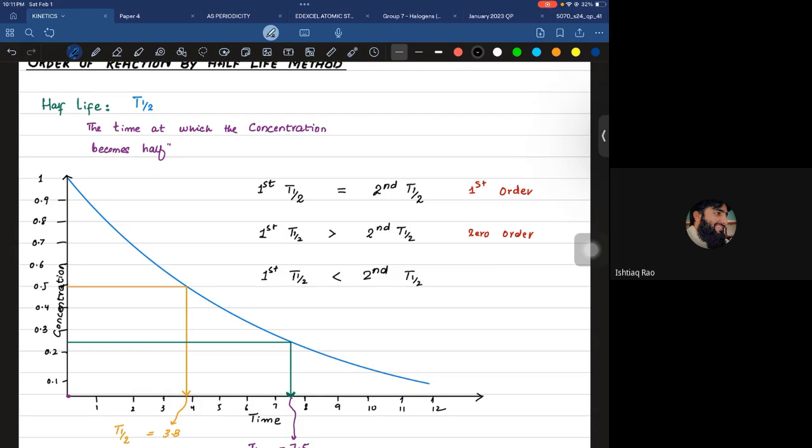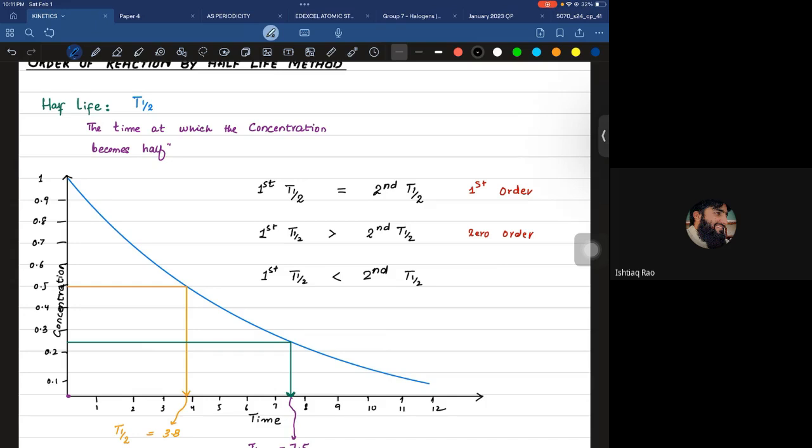If the first half-life is equal to the second half-life, then you will say that the order of reaction is first. This is a first order reaction, okay?